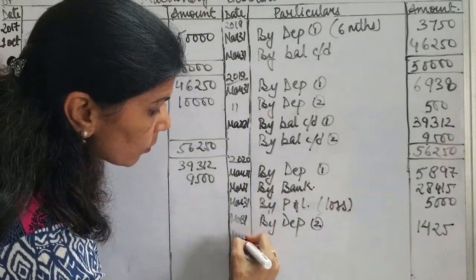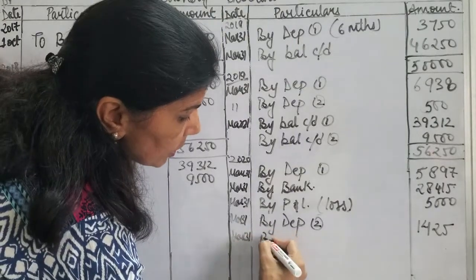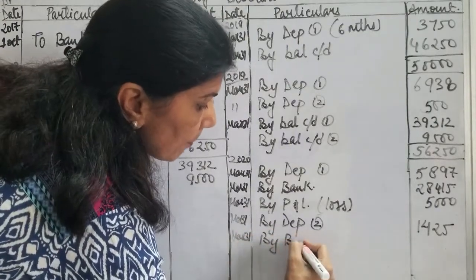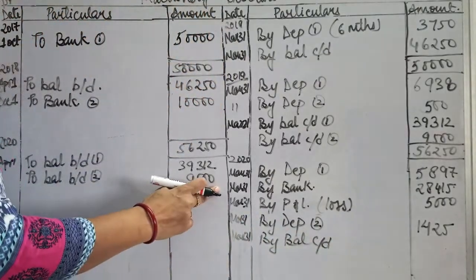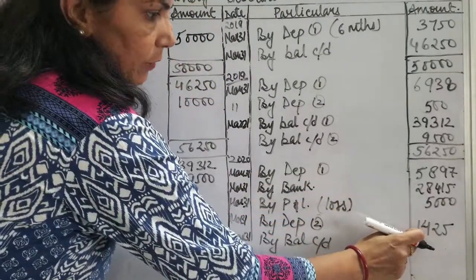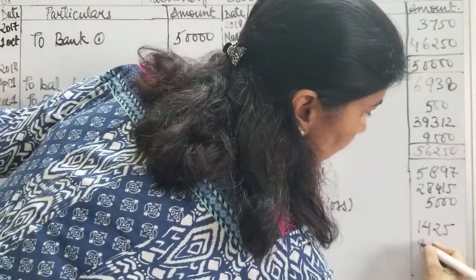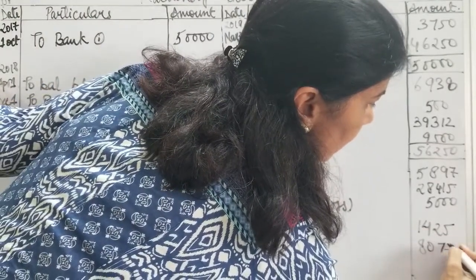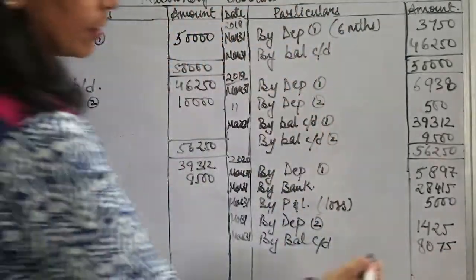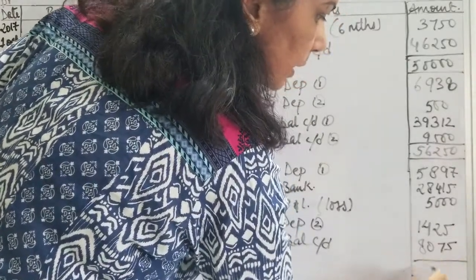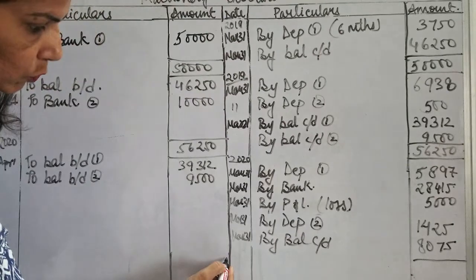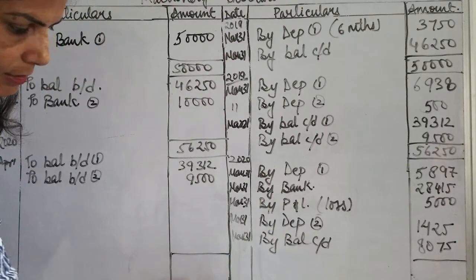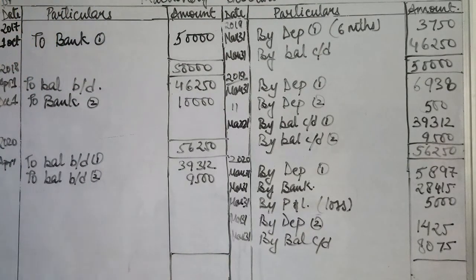So we'll take the closing balance of our second machinery only. By balance carried down, 9,500 minus 1,425 comes to 8,075, right? Now let's close the account because we have to prepare this machinery account for 3 years only as given in the question.